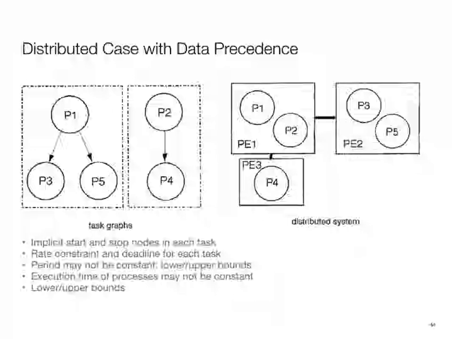So it could be P2 reads some sample and P4 controls some actuator. So I will have an end-to-end deadline on that. And since P2 and P4 are on different processors, this deadline spans across two processors. Now let's look at a simplified scenario where we can say, look, communication doesn't cost us any delay.